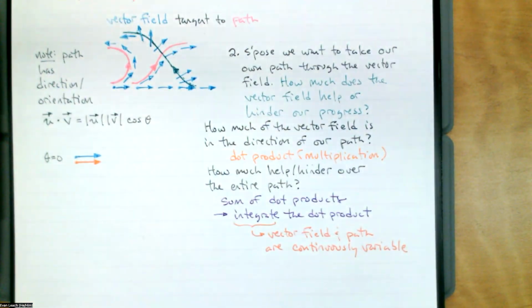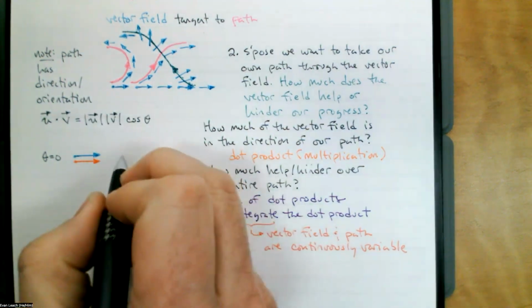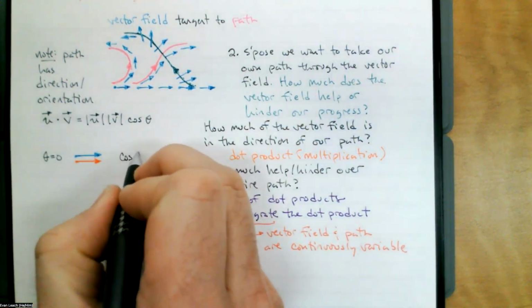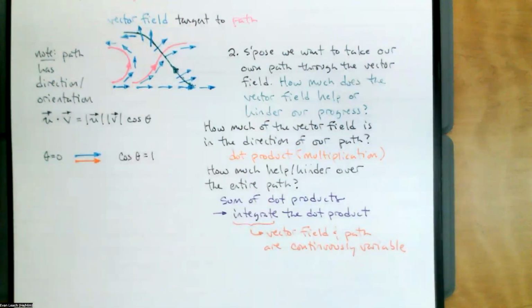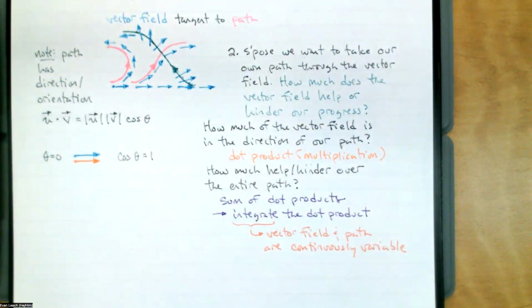If theta equals 0, this is 100% helping. Cosine of 0 is equal to 1. So we're getting all of the magnitude of u and all of the magnitude of v, all helping.